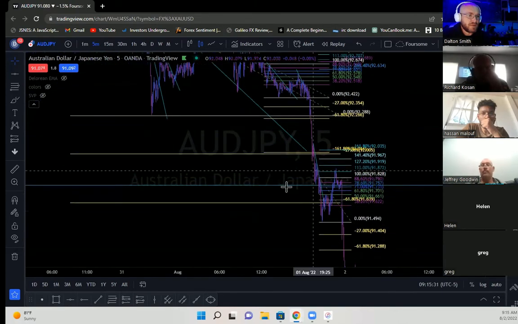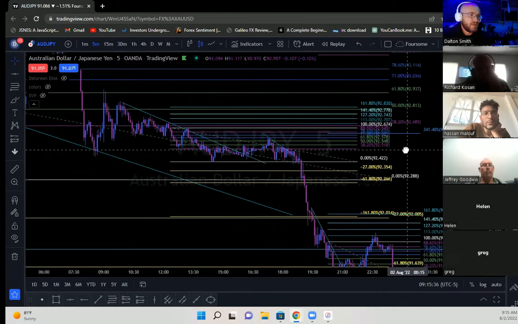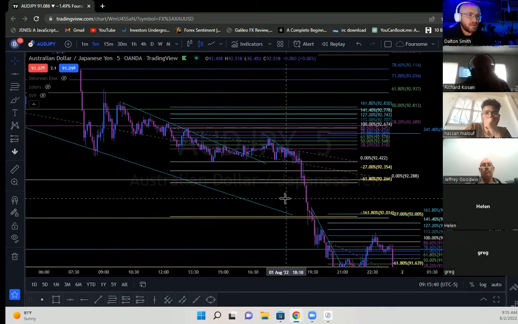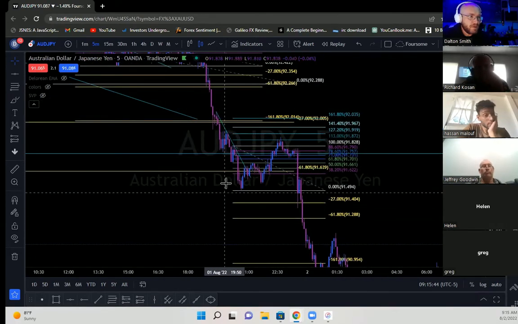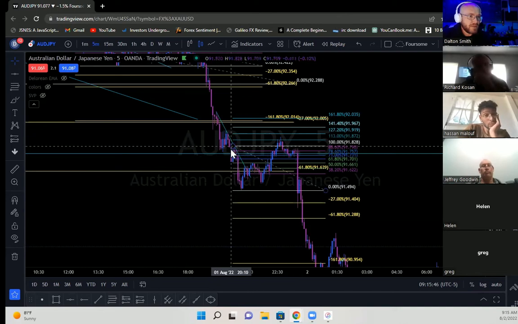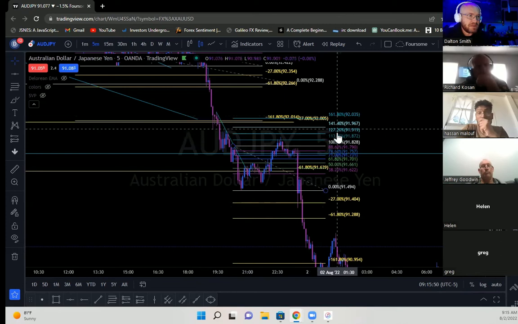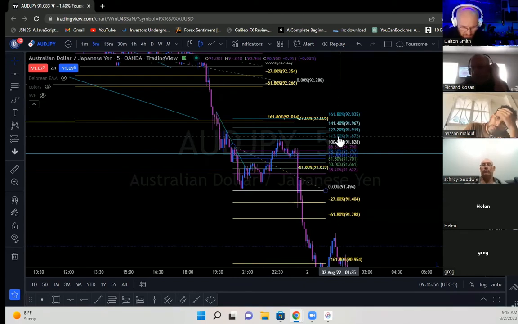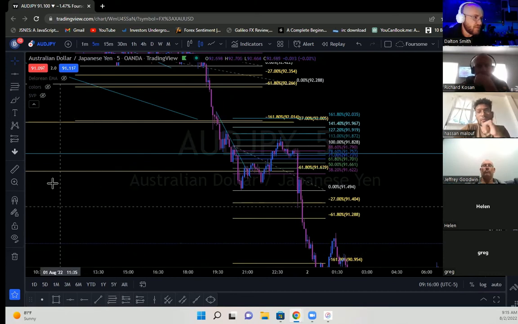Let me zoom this out a little bit so you can see what's going on. There we go. Here was a little Fibonacci movement that I took. Oh, that one got busted actually. This is kind of advanced Fibonacci stuff. I wouldn't worry about it, but if you do any work with the Fibonacci extension, is that what it's called?